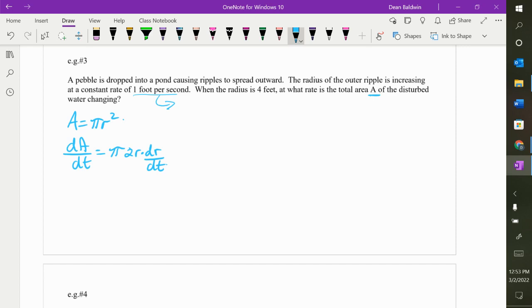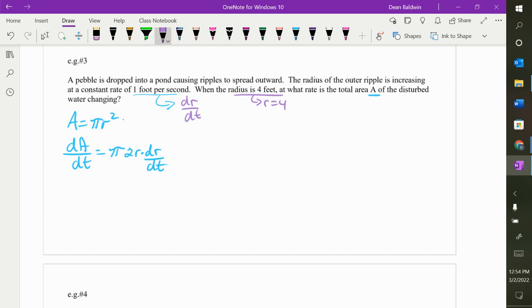So this is dr dt, right? It's how the radius is changing per unit of time. And it's changing at 1 foot per second. That's why it's over t. So that's my dr dt. They tell us the radius is 4 feet, so that's clearly just r is equal to 4.